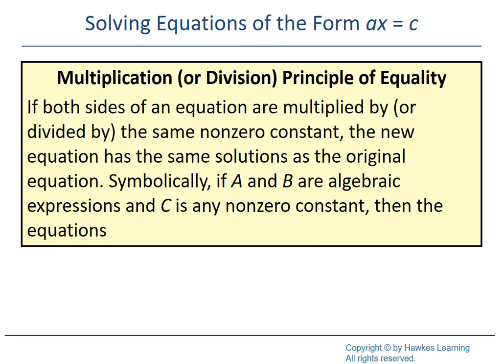Alright, another form of equation is when you have your x term that's not a 1x. Here a is some value other than 1. So here we're going to use the multiplication or sometimes the division principle of equality.